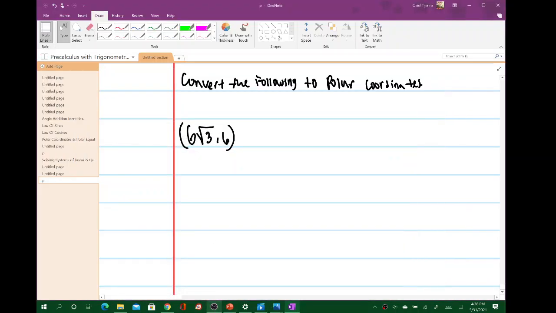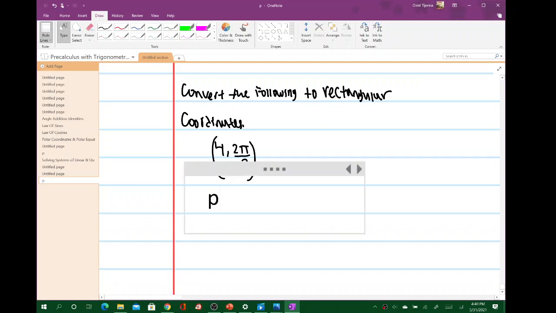Alright, so hello everyone. So we have this problem here that says convert the following to polar coordinates. The last video we did was from rectangular to polar, or actually, I'm wrong. Okay, so my bad.